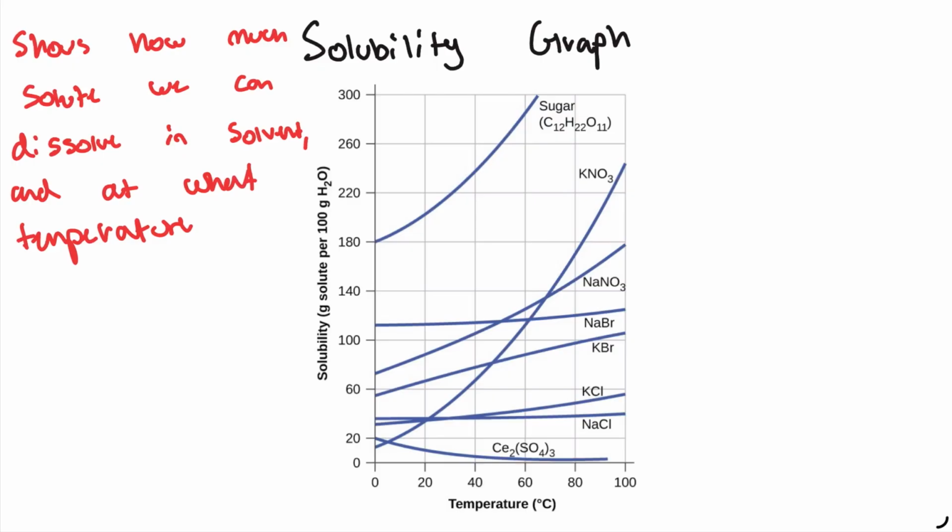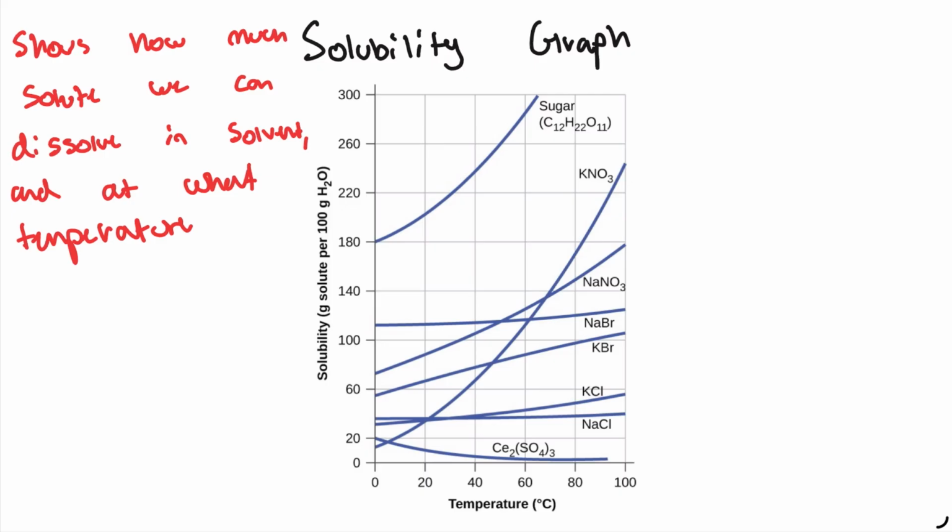As the temperature increases, we can dissolve more of something in our solvent. For instance, at 20 degrees Celsius, we can only dissolve around 27 grams of potassium nitrate. But at 80 degrees Celsius, this value will increase greatly, and we can dissolve something more like 155 grams of potassium nitrate. And so it's important that you realize that these graphs show that rule in action.